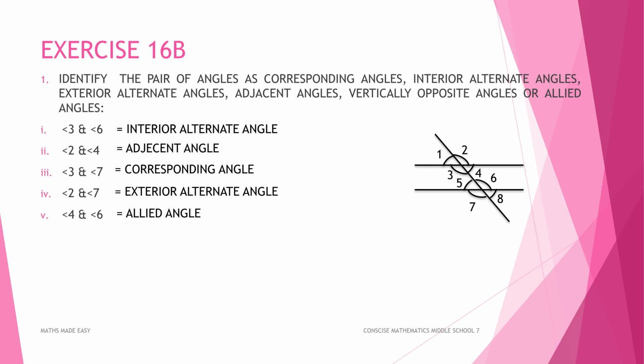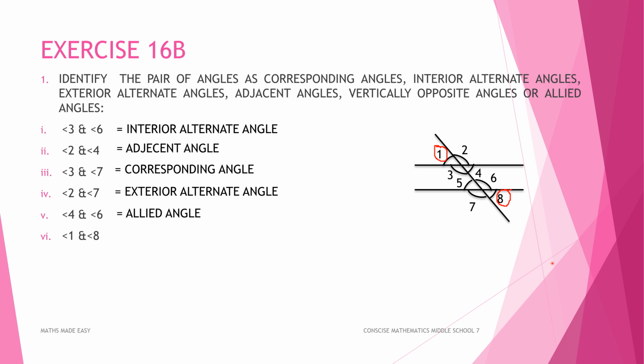Let's move on to the sixth one. Angle 1 and angle 8. Here is angle 1 and here is angle 8. Look here, children. Angle 1 is on the exterior side. Angle 8 is also on the exterior side.